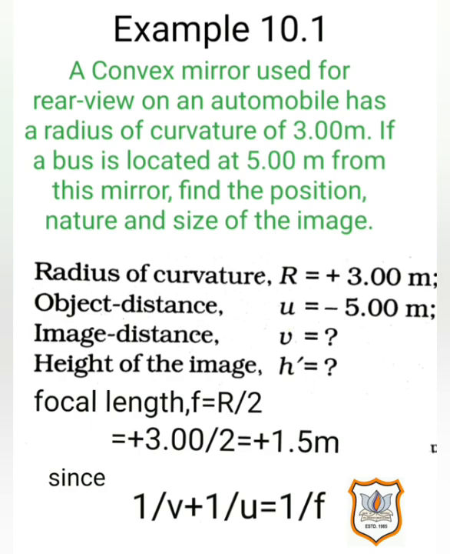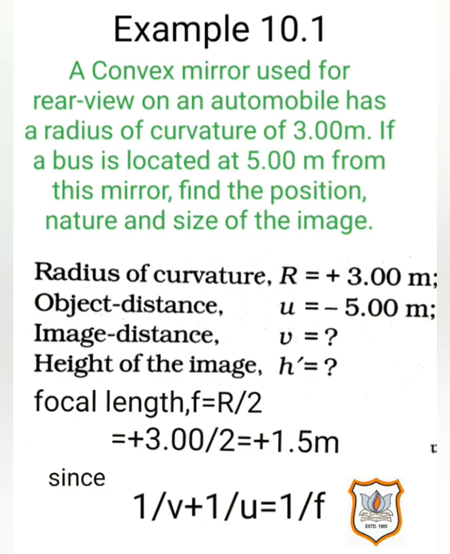We have to find the image distance v and the height of the image h'. We know that in case of a convex mirror, the image is always virtual, erect and behind the mirror. That's why here the radius of curvature will be plus 3 as it is on the backside of the mirror. So the object distance will be negative according to our sign convention.